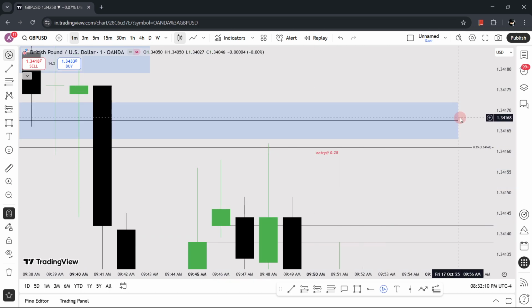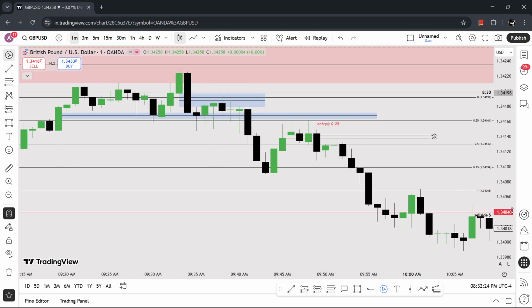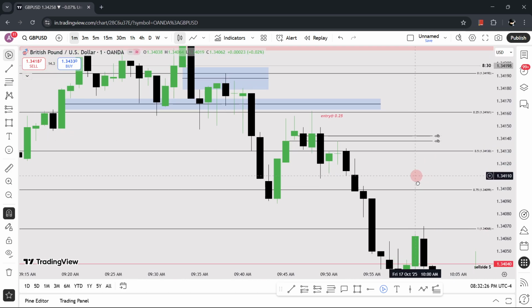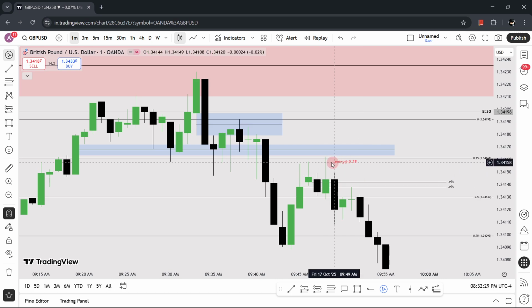But it failed to touch that inverse fair value gap. This is where it touched, the 0.25 level of that daily premium wick. Now that was my entry.